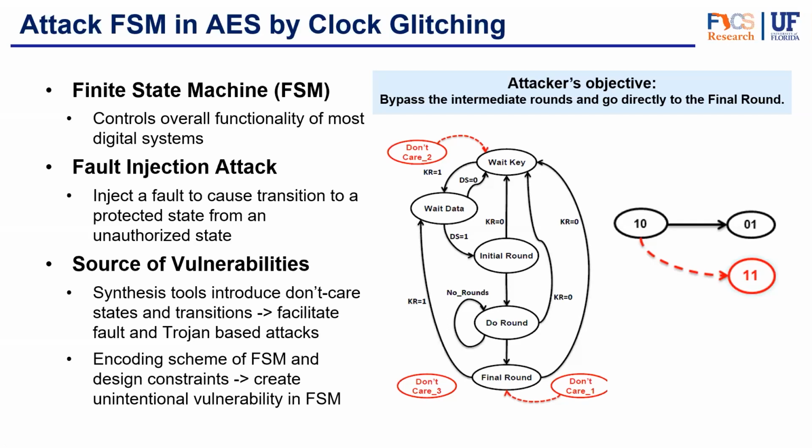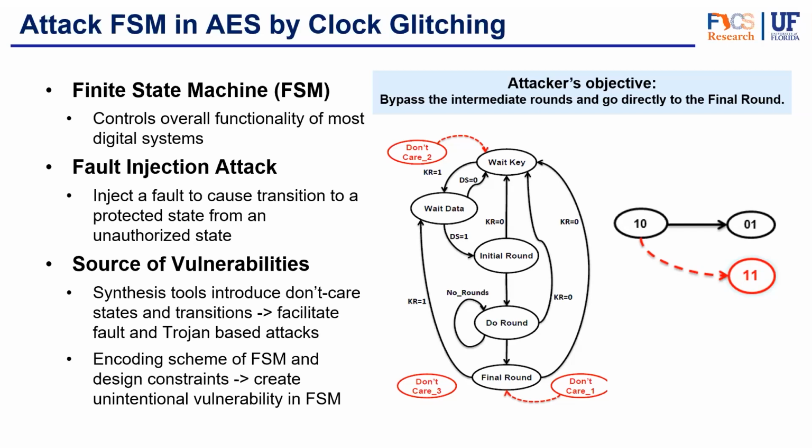And we have shown that different encodings will result in different connectivity of these don't care states. If the don't care states are connected to the protected states of the design, as in this case that we have shown here, then with just regular verification, we cannot find any problem in this design.